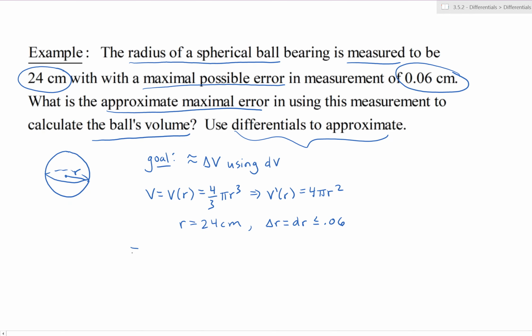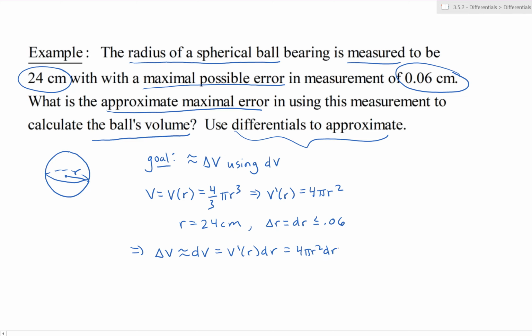And thus, we can approximate delta V by using our differential dV. So delta V should be approximately dV, which is V prime of r dr. Using the formulas, that's 4 pi r squared times dr.